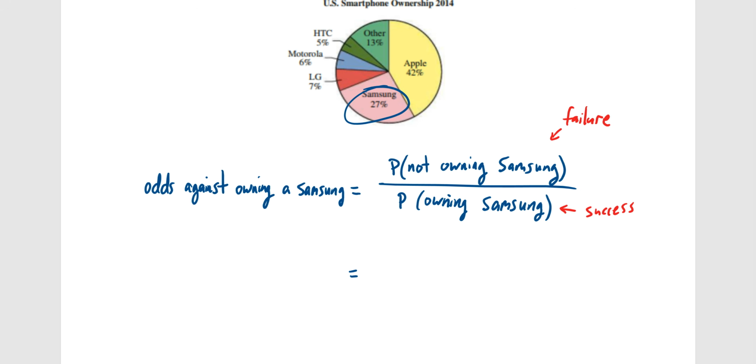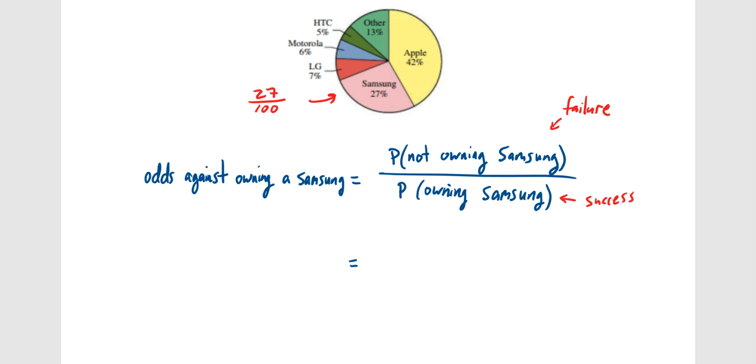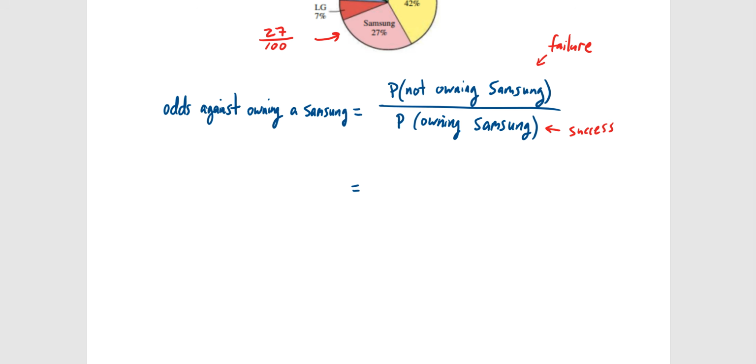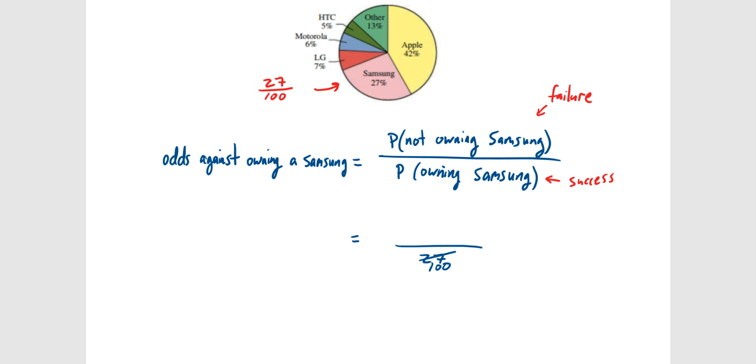We have to know that 27% represents 27 over 100, the definition of percent being for every 100. So that's going to be the denominator, divided by 27 over 100. Now we need the percent not owning a Samsung phone.